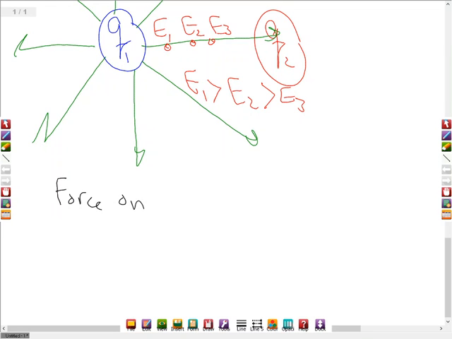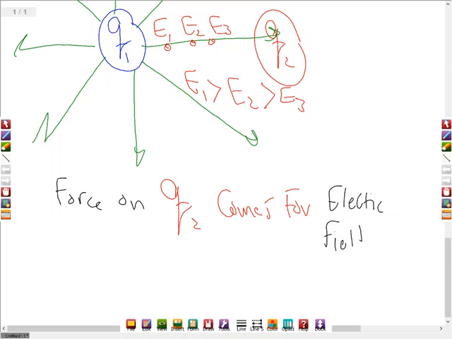That means the force on Q2 comes from the electric field of Q1.